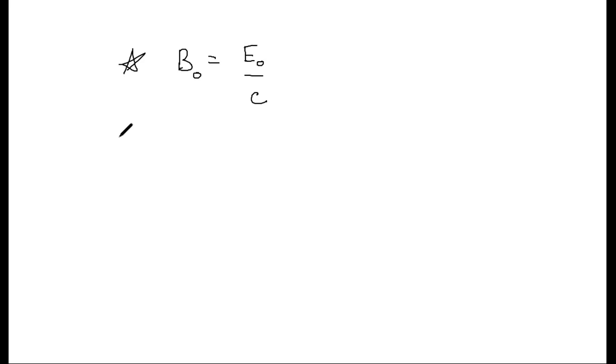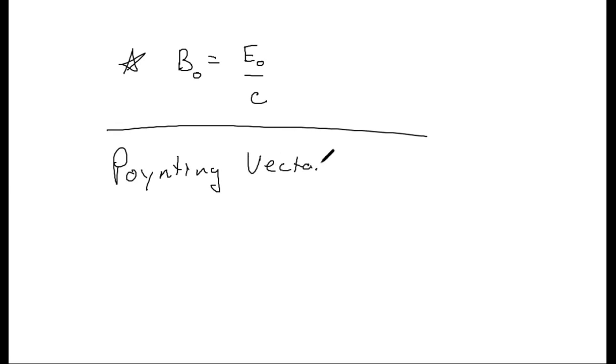To do that, we use the Poynting vector, S. It's a convenient name because S points in the direction of energy flow, and it's equal to 1 over mu times E cross B. I thought about trying to motivate this, but it's a lot of vector calculus identities to show that this is reasonable, so you're going to have to take it on faith.